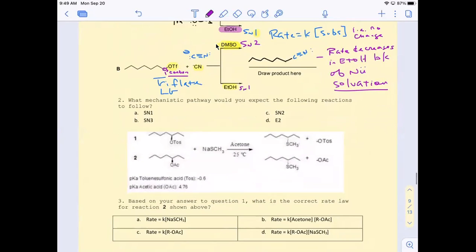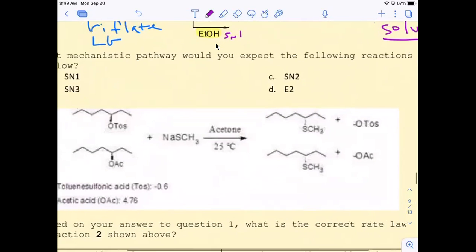We're going to stop on this one. What mechanistic pathway would you expect the following reactions to follow? And somebody tell me, let's point out all the factors, everything that's involved in this reaction, right? Is acetone protic or aprotic?